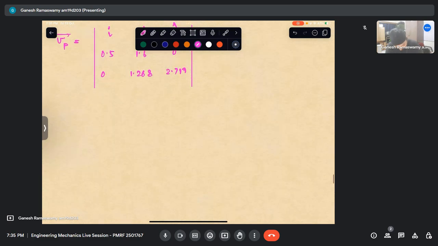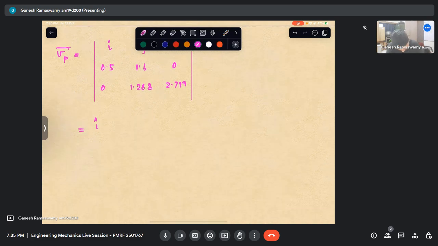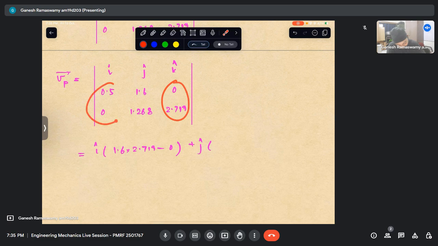So what will this come out to be? I need to consider these four and then do the cross multiplication systematically. So it is 1.6 into 2.719 minus 0, and then it will be plus j into these four quantities, where I'm taking this first, that is why I'm putting plus outside.